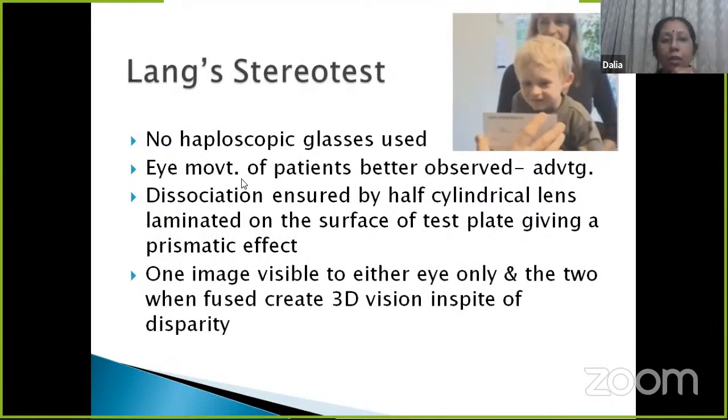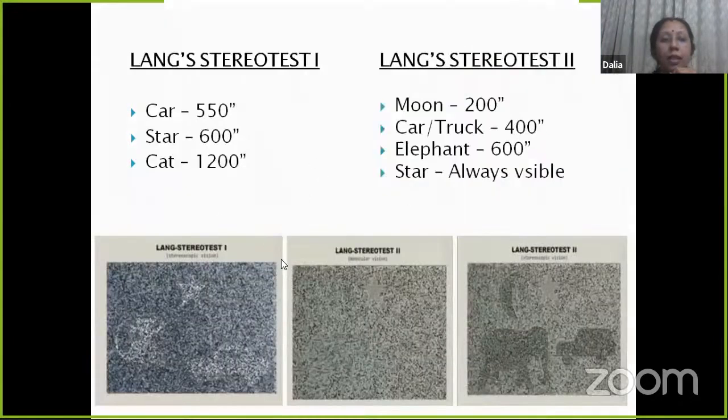The advantage of this is that the eye movements of the patient can be better observed by the examiner, especially in pre-verbal children. The dissociation without haploscopic glasses is ensured by half cylindrical lenses laminated on the surface of the test plate, which make only one image visible to either eye, and which can be fused together to create three-dimensional vision, provided the patient has binocular single vision. Now, these are the Lang test plates.